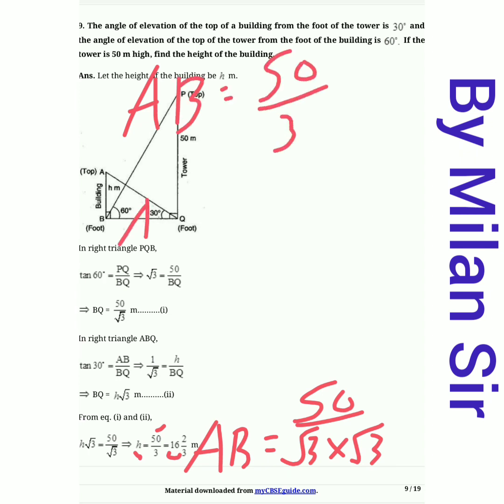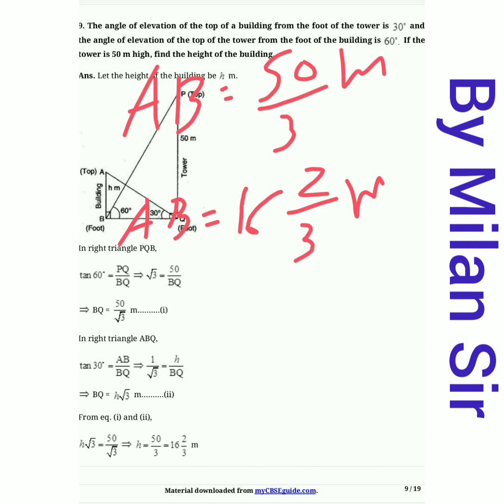We can also write it in mixed fraction, then 16 and 2 upon 3 meter. Otherwise we can write in decimal point, 50 by 3. So AB is equal to 16. 3 16s are 48, then 20, 16 1s are 40, 2s and 8s, 16.125.